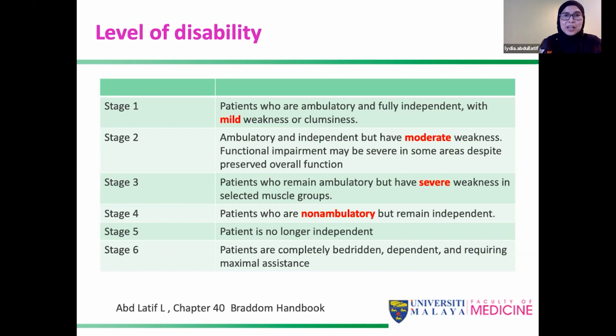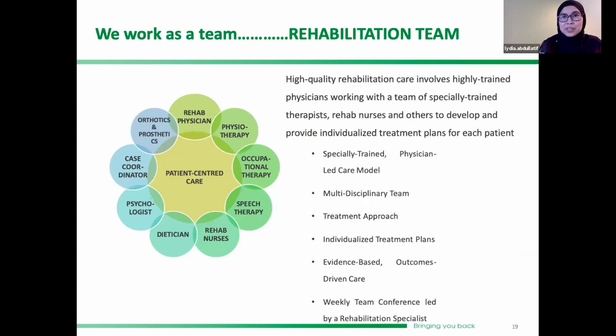Okay, so now I will go on to describe the rehabilitation team. So we have got the MND team, which has got the neurologist, palliative physician, the rehabilitation, but this is going to a little bit more detail into the rehabilitation team. So the team consists of the most important member is the patient.